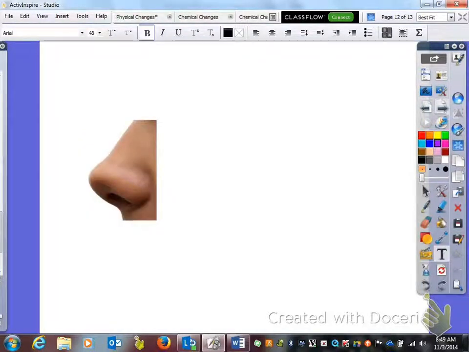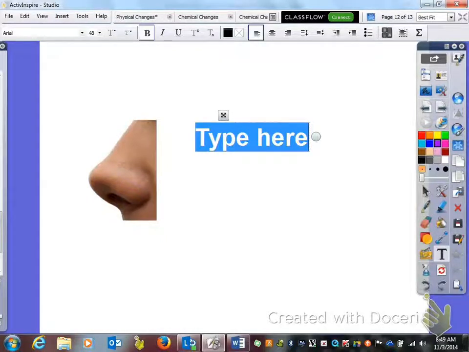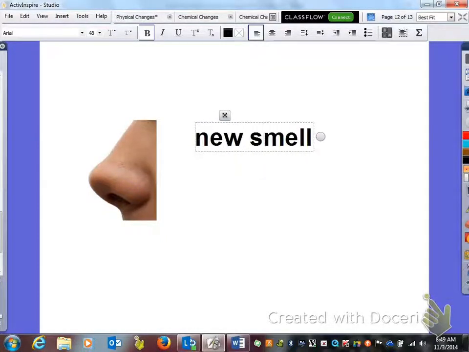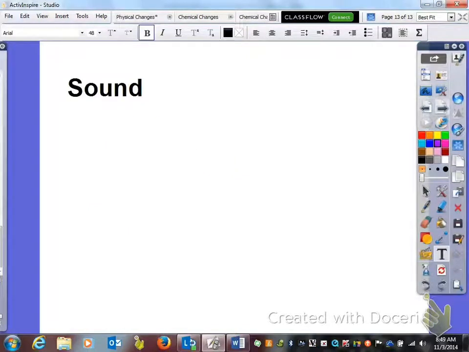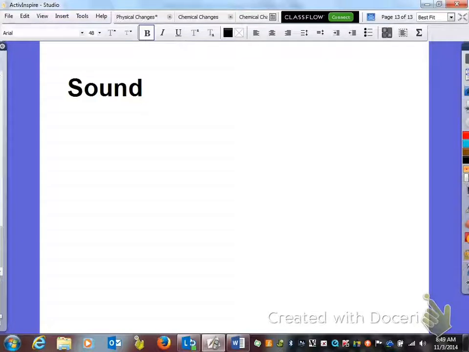Then this one I want you to write, this is indicating a new smell. I'm just trying to give you a visual to go along with these. And then sound. I want you to tell me here at sound what it was that I talked about that gave you the information that would cause sound, in your own words.